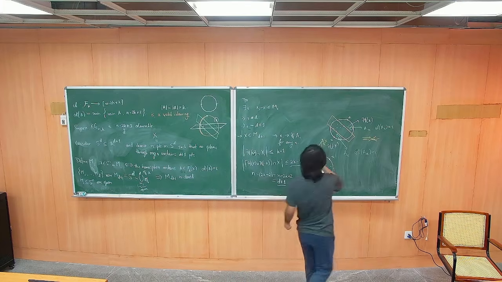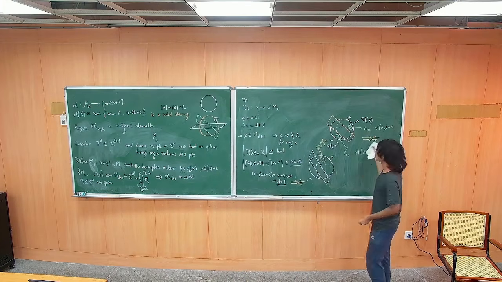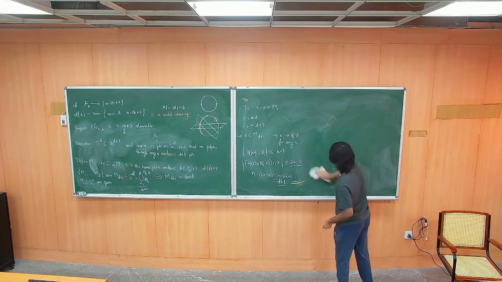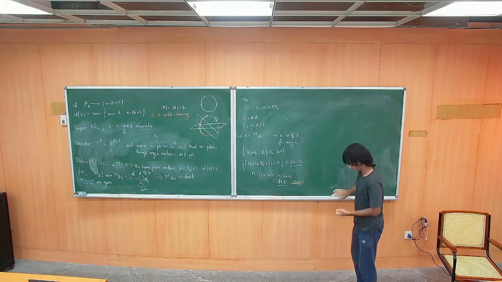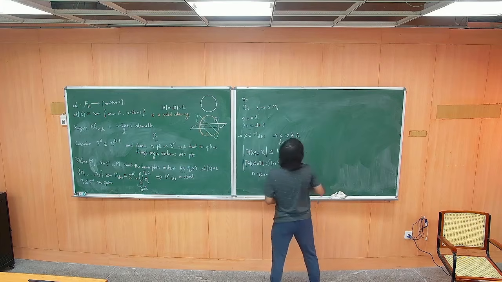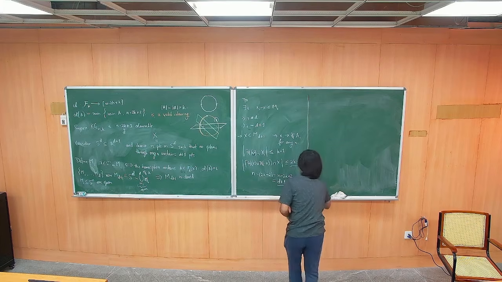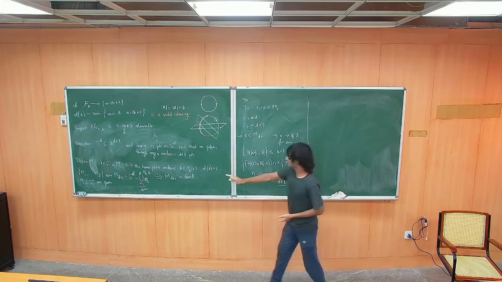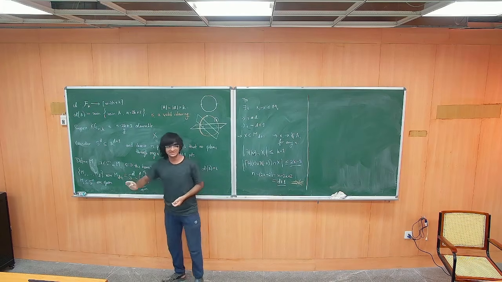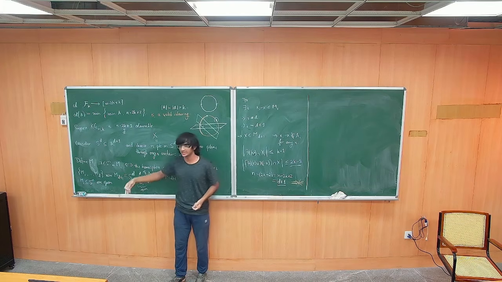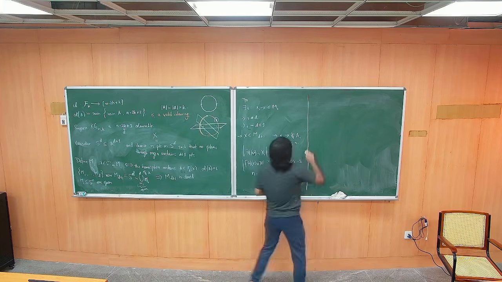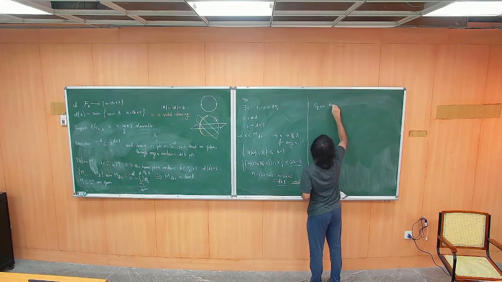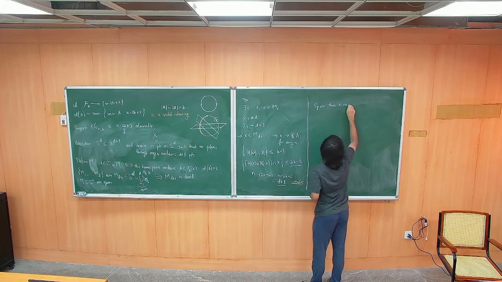I can erase the diagrams. I hope everyone understood this part. Okay. So suppose no point x satisfies x comma minus x in M_{d+1}.